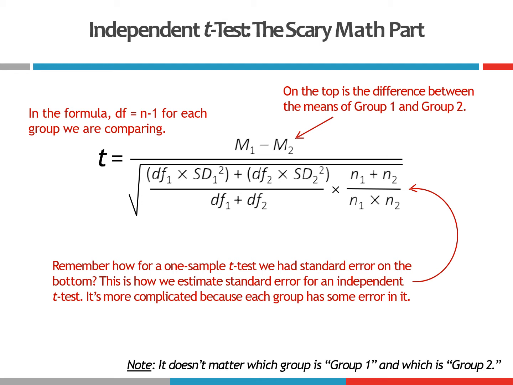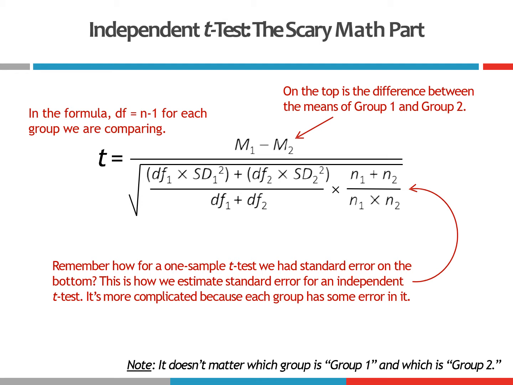And the last piece of our formula, when you see N1 plus N2 over N1 times N2, that N is going to be your sample size, right? So I just gave you the hypothetical example of your sample of 20 people, right?